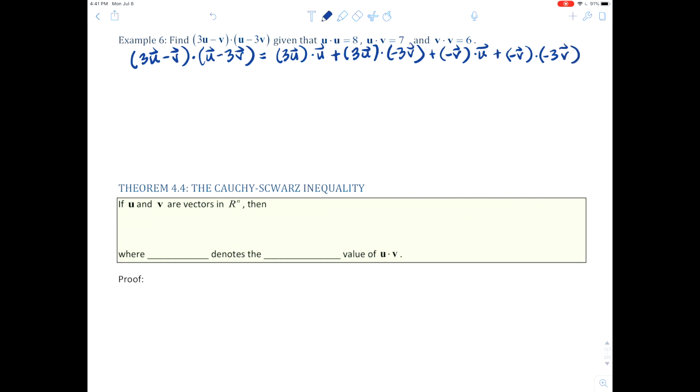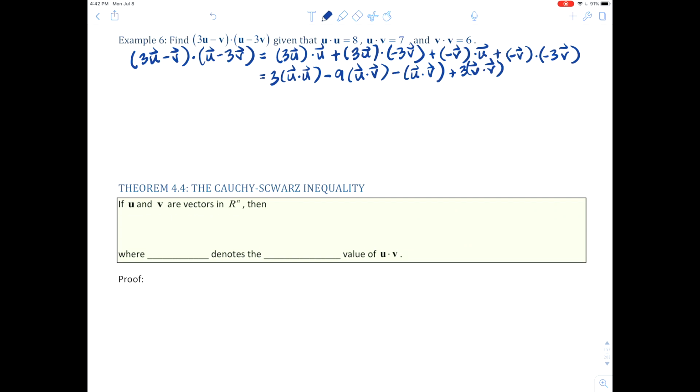Cool? Okay, well, this is going to be 3 times u dot u, right? So that's cool because we know that u dot u is 8. Now, we've got these two scalars, so we'll make this a negative, and we'll have minus 9 times u dot v, and then minus, it's commutative, the dot product, so we'll have another u dot v, and then plus 3 times v dot v.